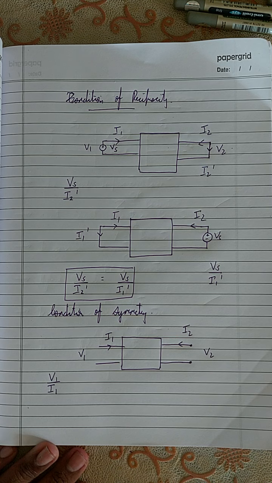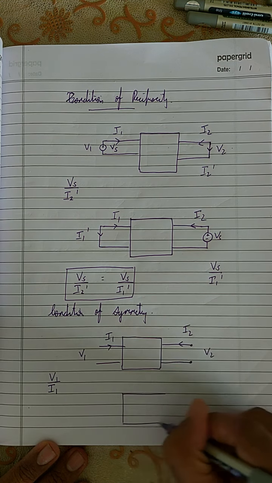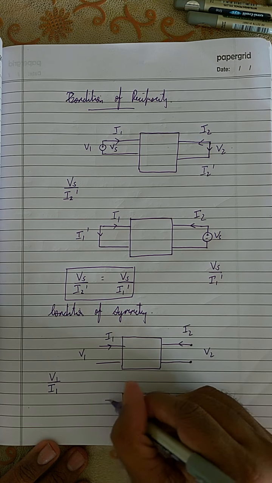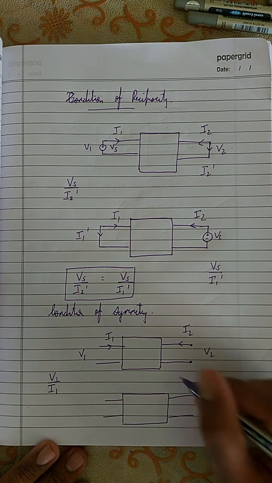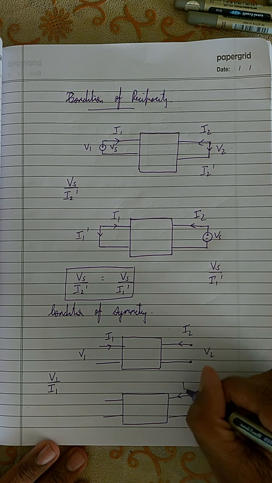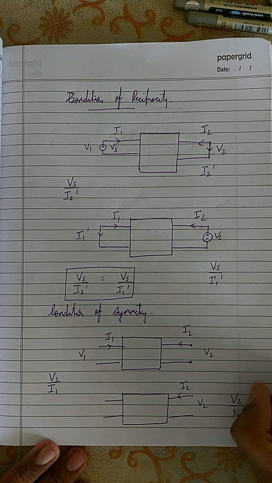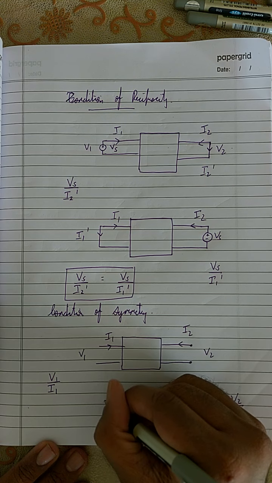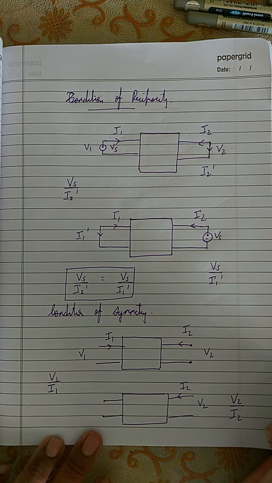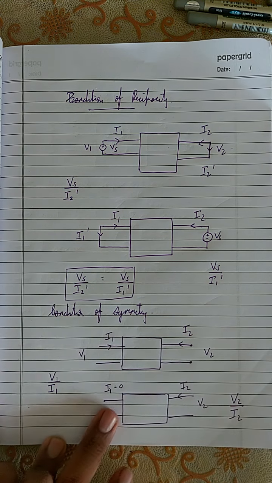So now next what I'm going to do is take the same network, with the same V1 and I1 and V2 and I2, and this time I'm going to find the ratio of V2 by I2. That is, I'm going to find the ratio of the second port keeping the first port open. The first port open means I1 is equal to 0.